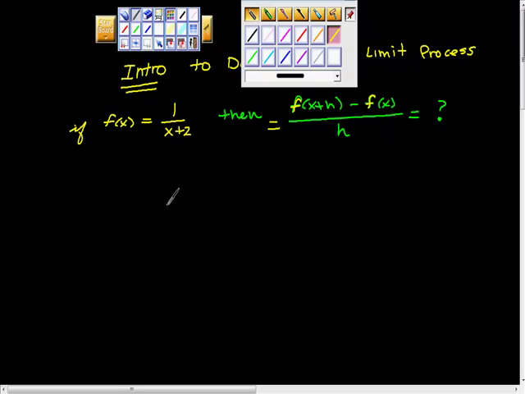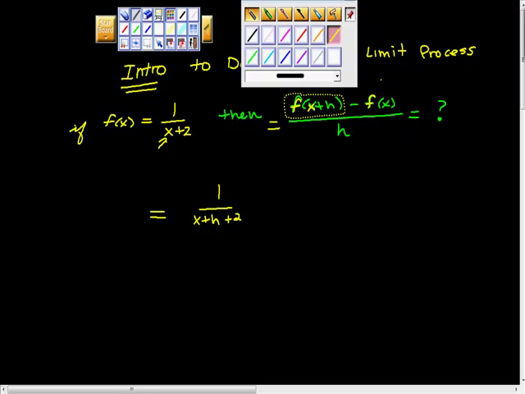So I'm just going to set this thing up. I'm going to rewrite this, and I'm going to work on this piece right here. I'm just going to build this piece, and I think it's built like this. So it's f of, so 1 over, here's where I found that x. It says where you find an x, put an x plus h, so I'm going to put x plus h plus this 2.